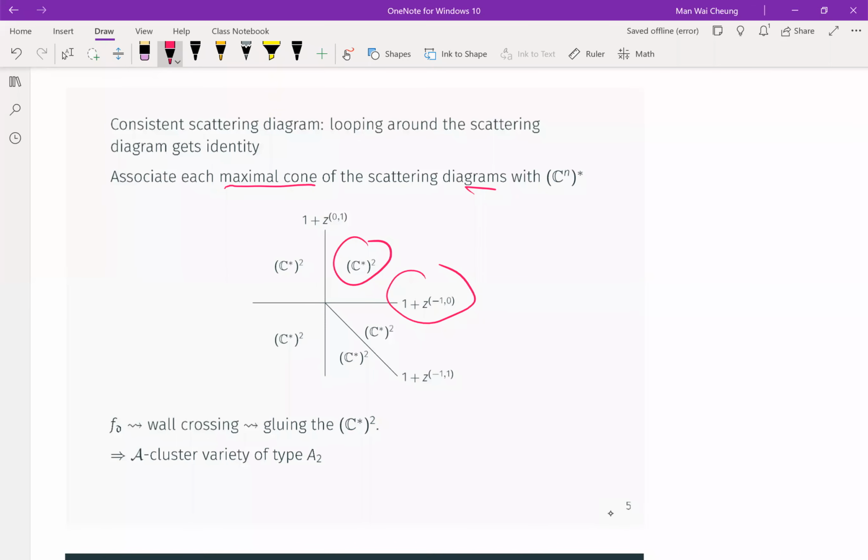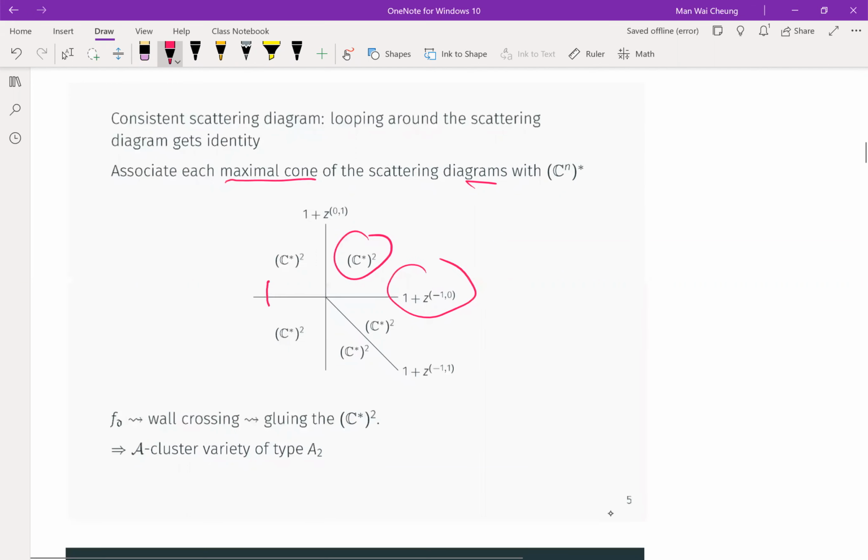So the construction is simply like here, we have 5 tori, and we glue the tori by the wall functions we have. And when we glue them together, we get the cluster variety. In this example, we are going to talk about the A-type cluster variety. So let's say here, this is the A cluster variety of type A2. So this is how the scattering diagram tells us the cluster variety, the Gross-Hacking-Keel construction.